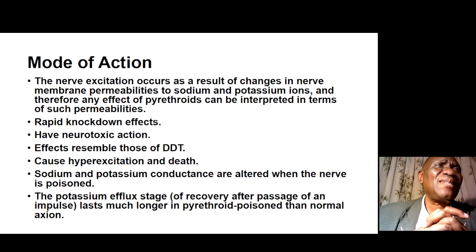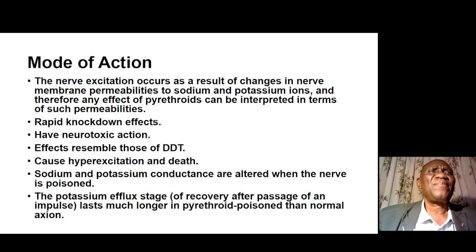The result is that we have rapid knockdown effects. If you are using pyrethroids, you have a neurotoxic action. The effects could resemble those of DDT. They can cause hyperexcitation and death.